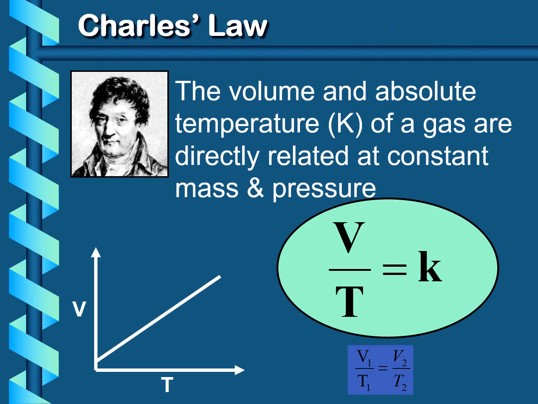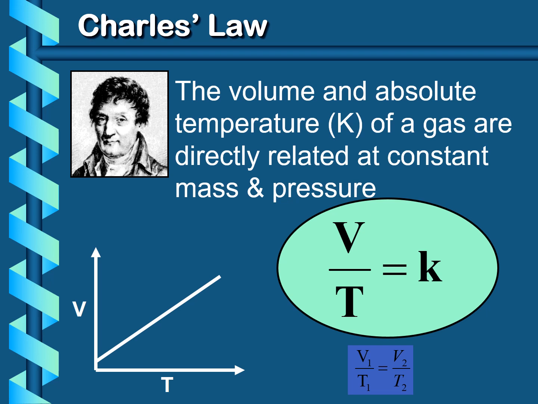The second law that we need to understand is Charles law. Charles law tells us that the volume and absolute temperature of a gas are directly related at constant mass and pressure.